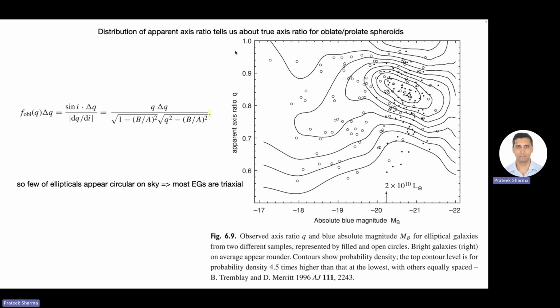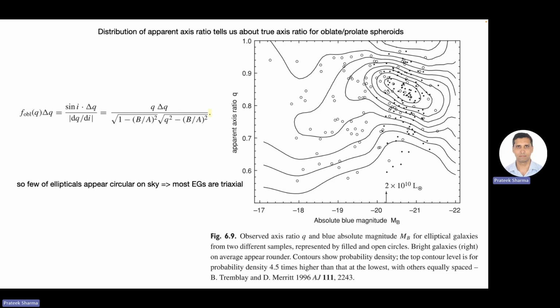That's correct. So you have a good chance of observing the true b by a value. But there are a lot of ifs there. Capital B by A being constant is a very strong assumption, right? You'll have a distribution of capital B by A. So you cannot take this very literally. It just gives you an indication.